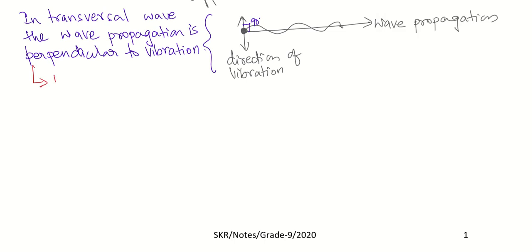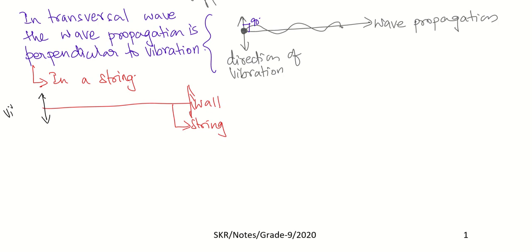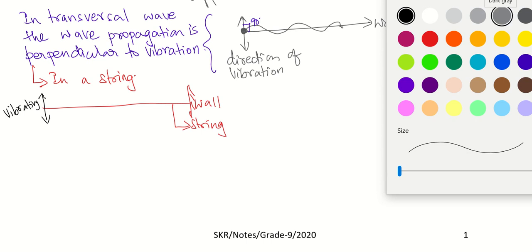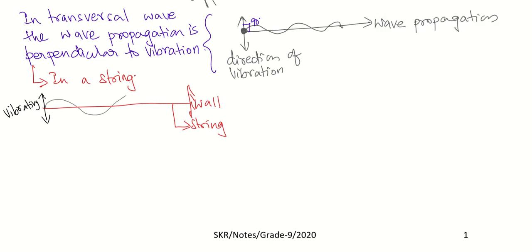Let us say I tie a string with a wall, okay, this is the wall and this is my string, and if I oscillate the string up and down like this, then there will be a wave motion visible on that string which will go this way. See, again the wave is moving this way, the vibration is this way, they are perpendicular. So this is also transversal.